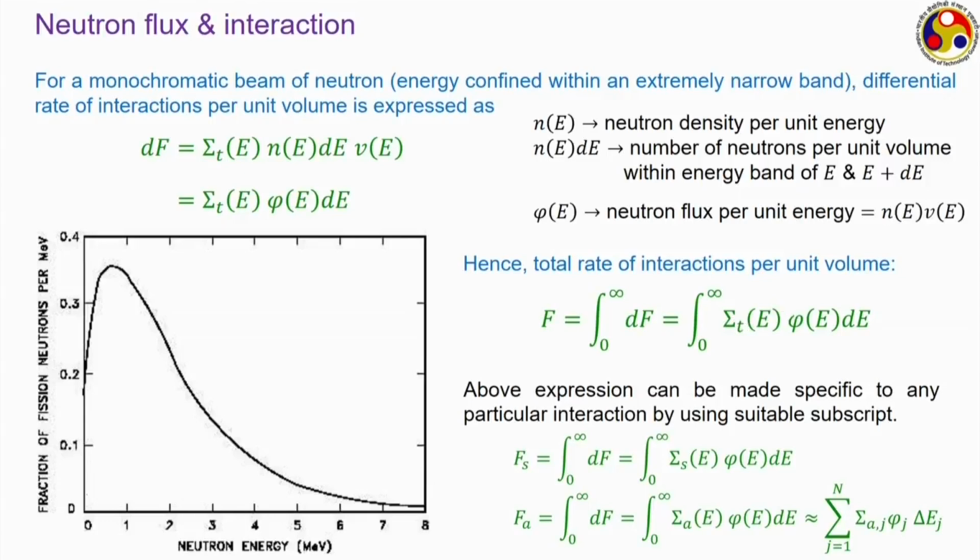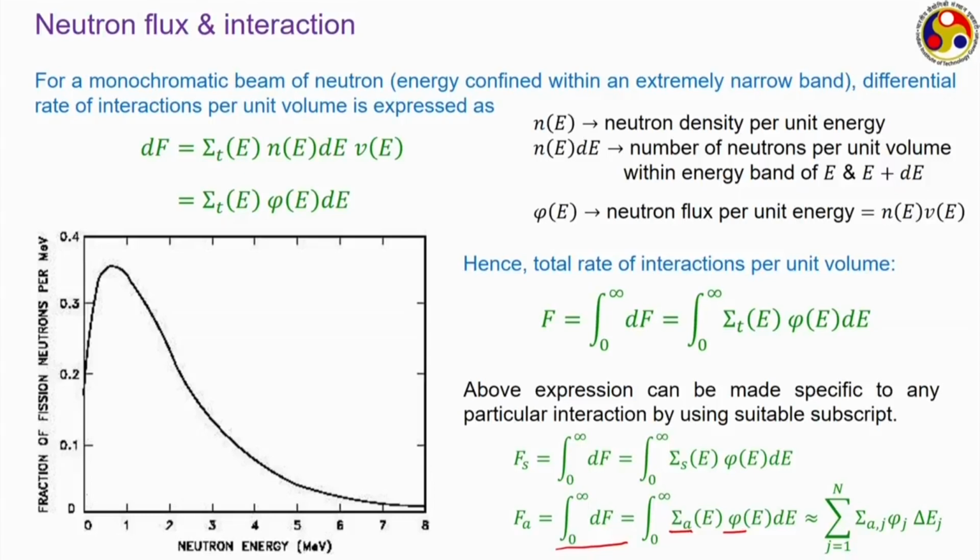section. And quite often nowadays, with the advent of computers, we like to go for digital techniques. Instead of a continuous integration, to evaluate this integral we need to know how sigma A and phi both depend on energy, but quite often numerical approaches are used.